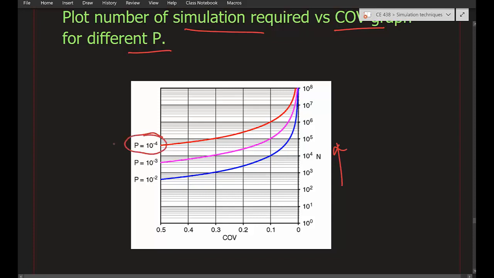If you increase the coefficient of variation, as for the blue curve, the number of sample size required will be lesser. If you decrease the probability, again you have to increase the number of sample size. This is obvious from the formula that we gave.